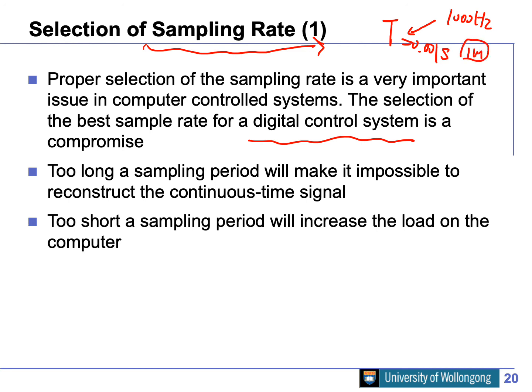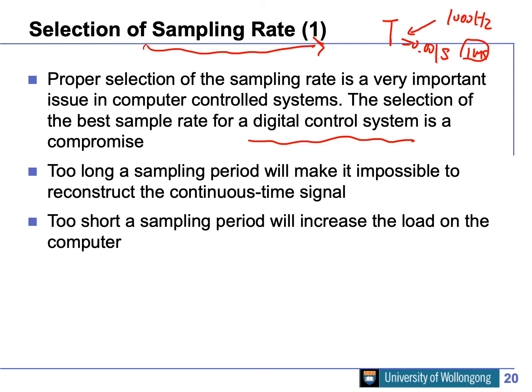If that's the case, you have to do all your mathematical control theory calculation within that 1 millisecond, and the system needs to run at that kind of frequency. It is very, very demanding, and in many cases it's impossible. So you have to make a compromise.